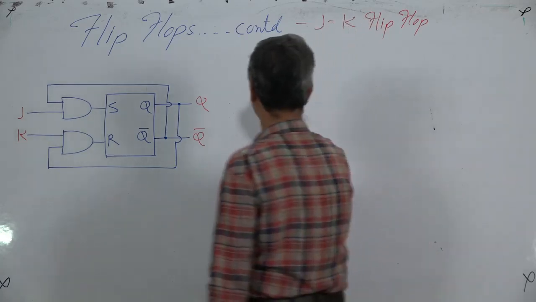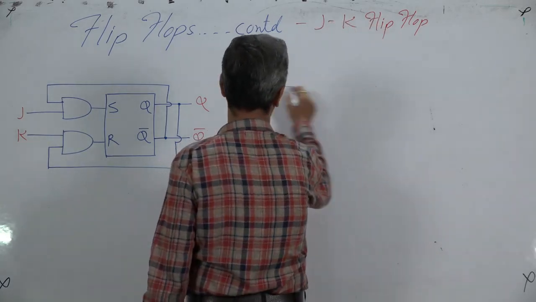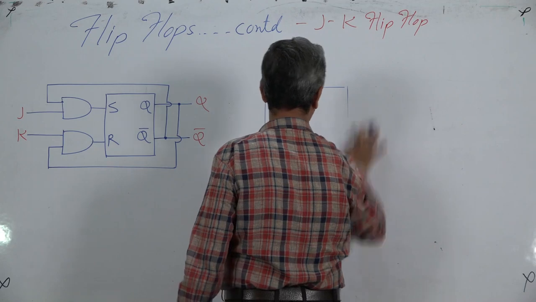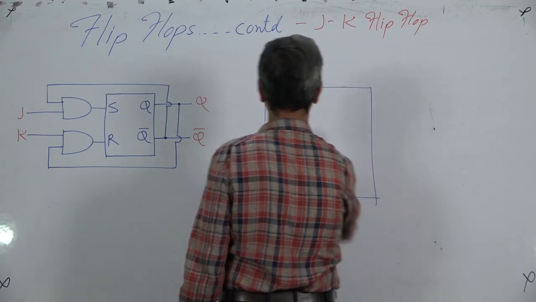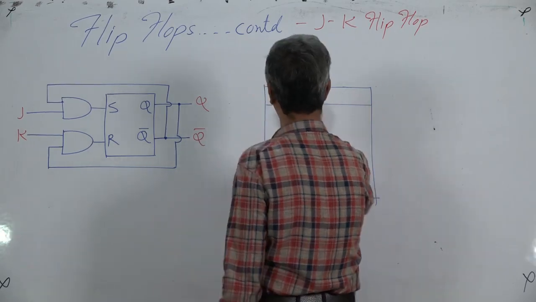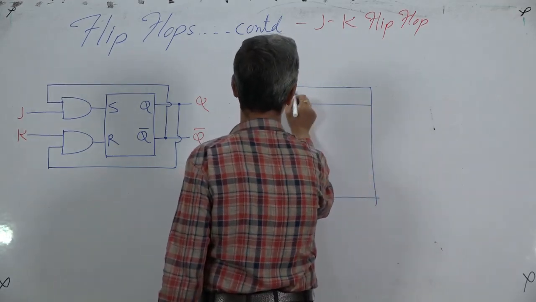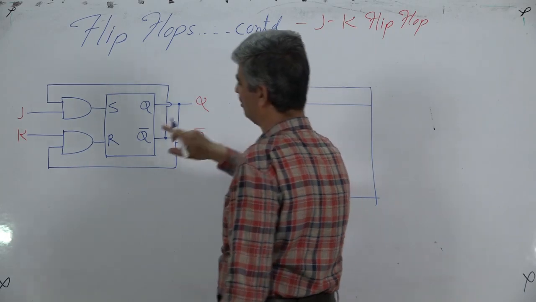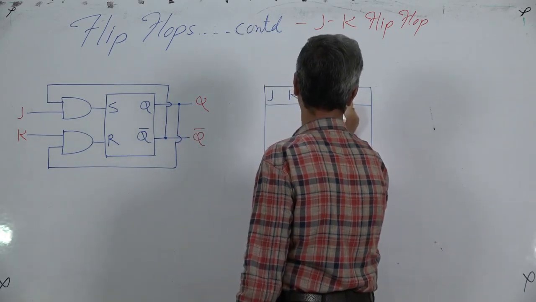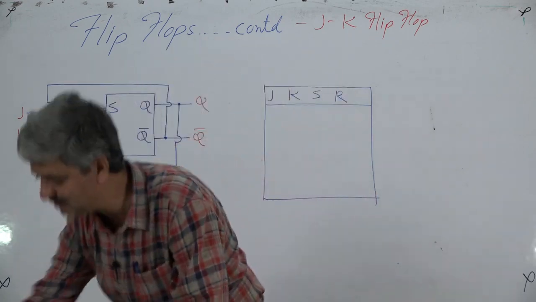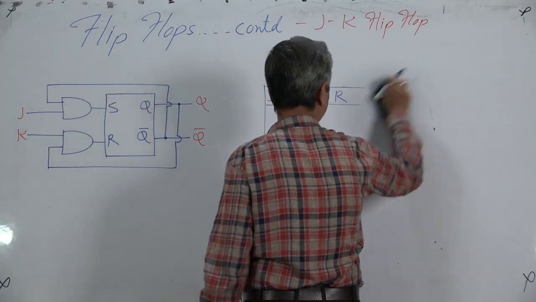What happens? It's very interesting. So, what we do is J and K we write here. Based on J and K, what would be S and R? We write here, and then we write what would be Q and Q bar.